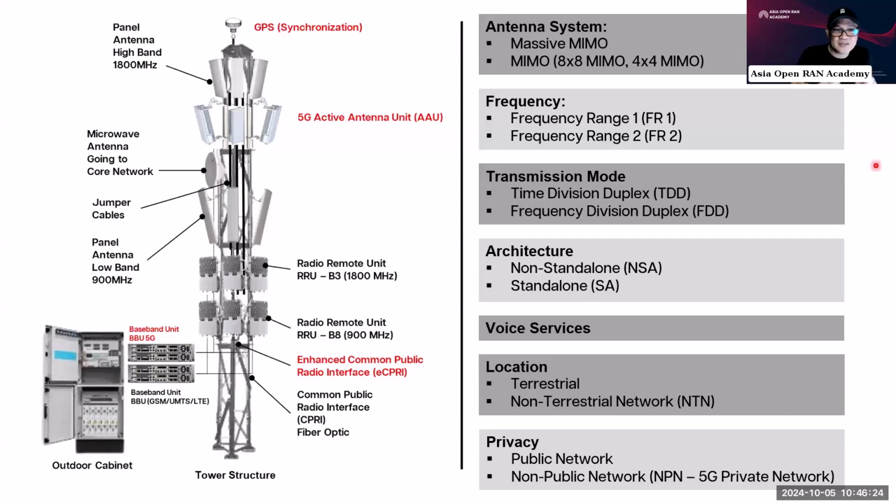Meaning they are using COTS servers, commercial off-the-shelf servers, like our Dell servers, and they partnered with an Open RAN vendor and integrated it. They have government support in terms of the frequency, which is why they could implement it. Without a frequency, they could not.